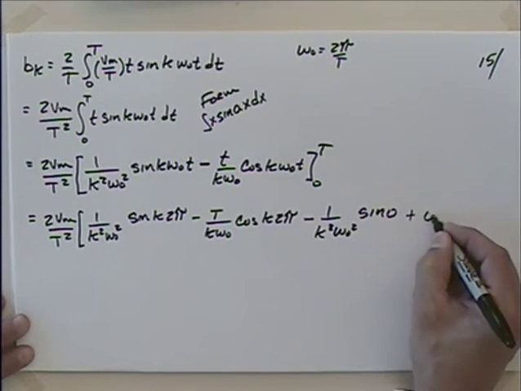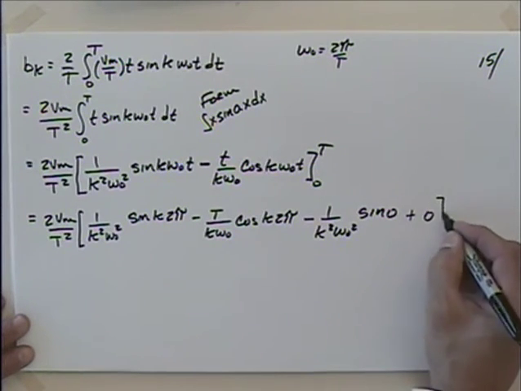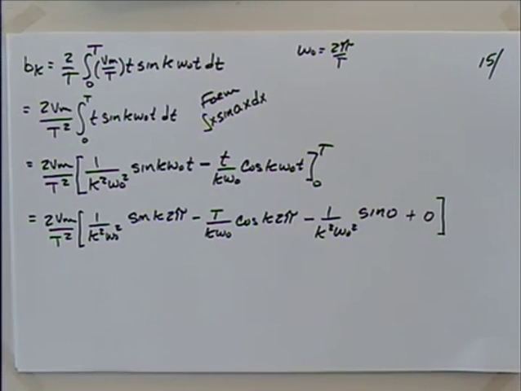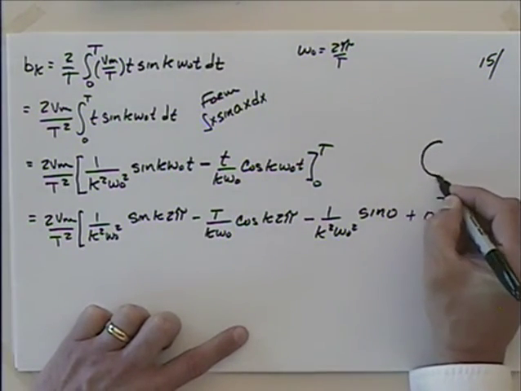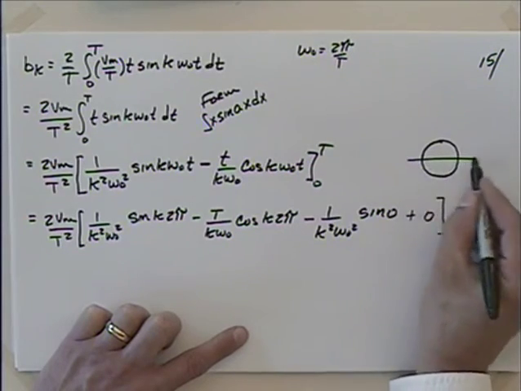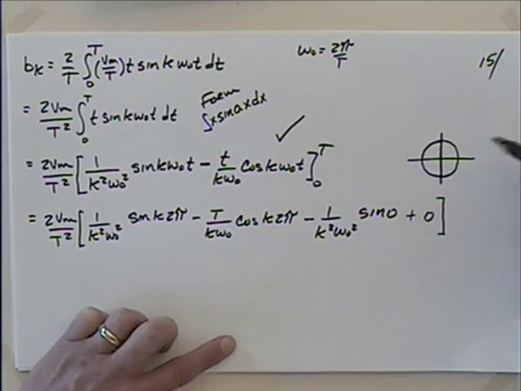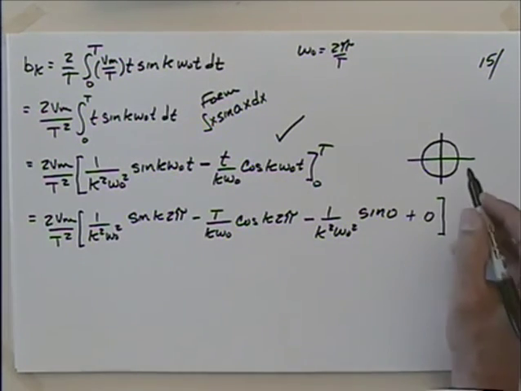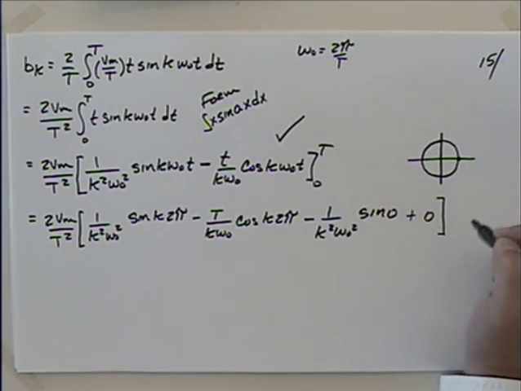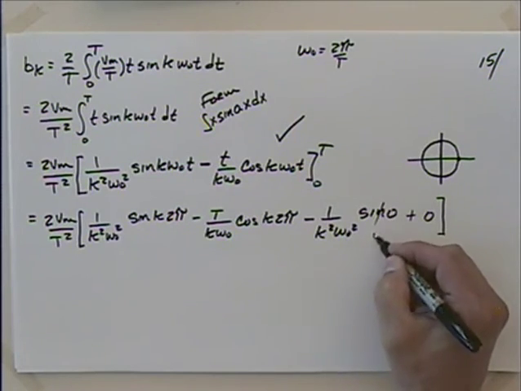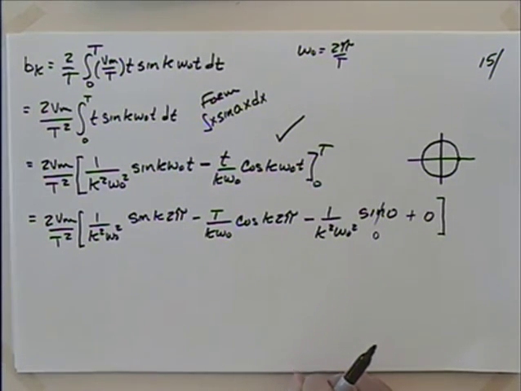I guess it's kind of a moot issue. You get 0. So let's see. Again, I'll use my unit circle, try and make sure I don't make mistakes on this. It's a shame to get through the really tough part here and then make mistakes plugging these things in. So what's the sine of 0? That's 0, isn't it? Okay.